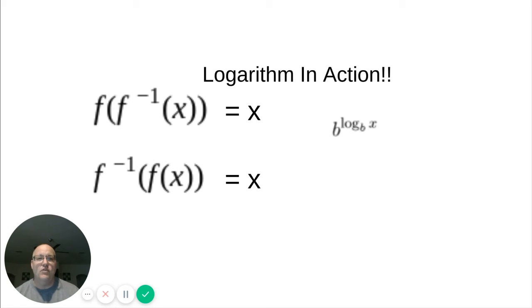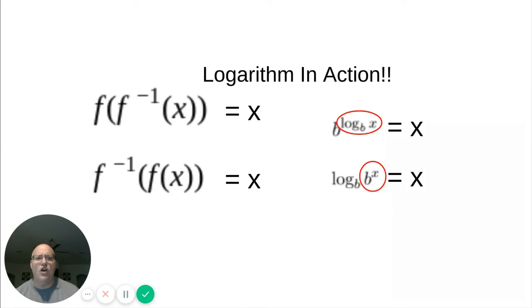The reason I'm showing you this is if I say b to the power of the log base b of x, that log base b of x is in the power, so you know that's just equal to x. And if I say the log base b of b to the x power, it's still equal to x.